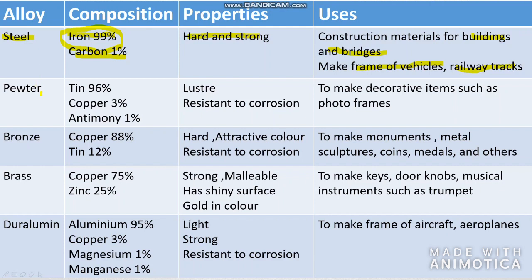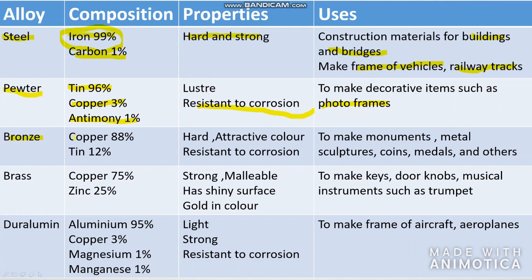The next one is pewter. Pewter, the major component is tin, 96% of tin, copper 3% and antimony 1%. It is resistant to corrosion. So biasanya pewter ini digunakan untuk membuat barangan hiasan, such as photo frames. Okay, bronze, iaitu gangsa. Gangsa warna lebih kurang brown color.